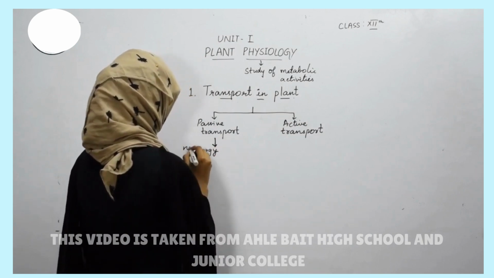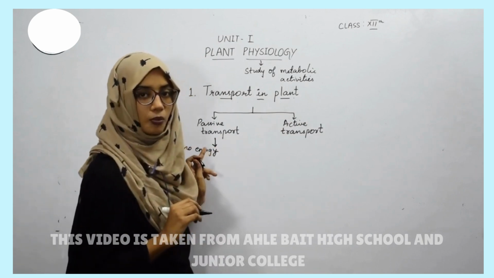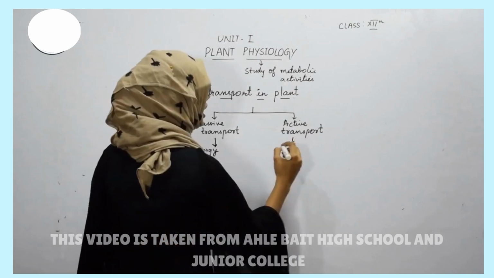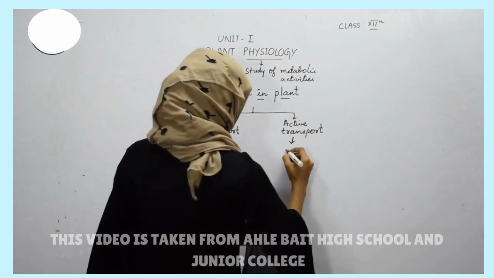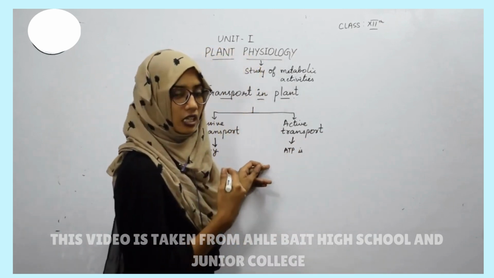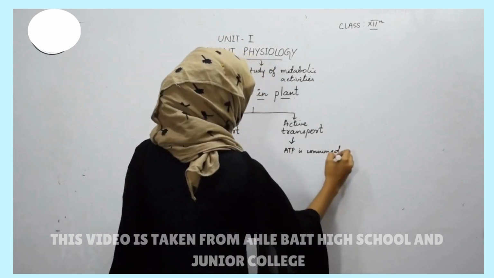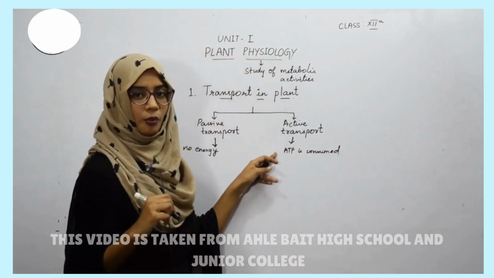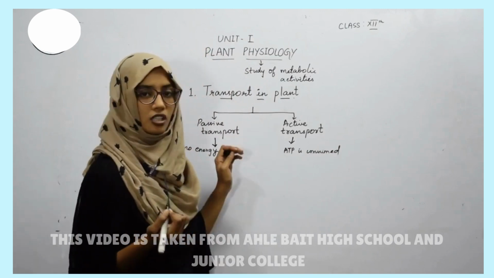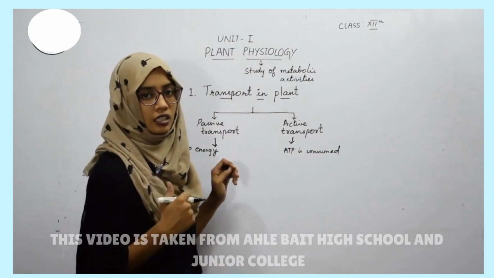No energy expenditure takes place in the passive type of transport. But in active transport, energy or ATP molecules are a must. If ATP is not consumed, if energy is not available, then active transport could not take place in the plant body.